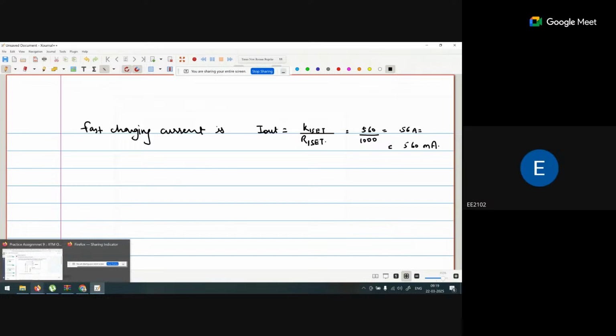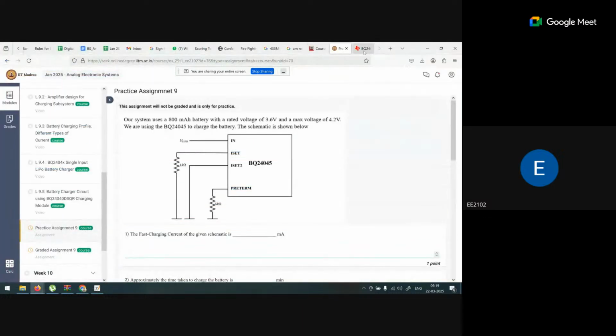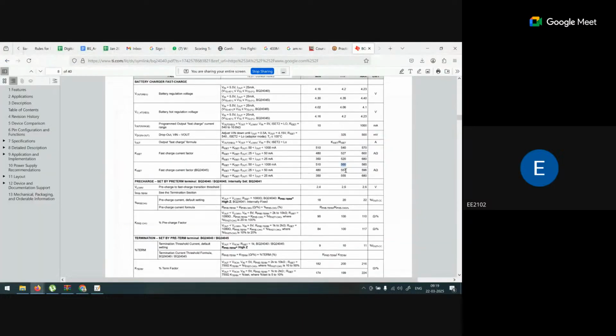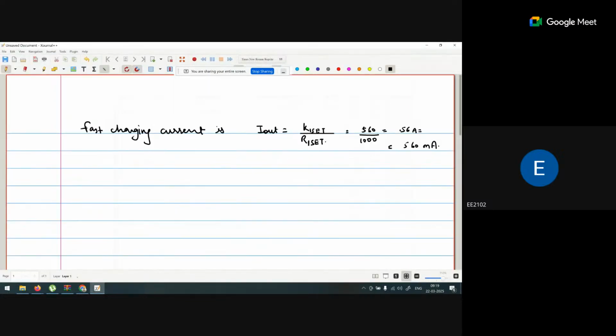Now, if you are using this 557, the formula is 557 upon 1000, so it is 0.557 ampere or 557 milliampere. And in the third case, 555 upon 1000, it is 555 milliampere.